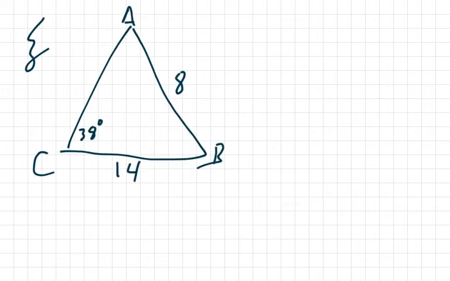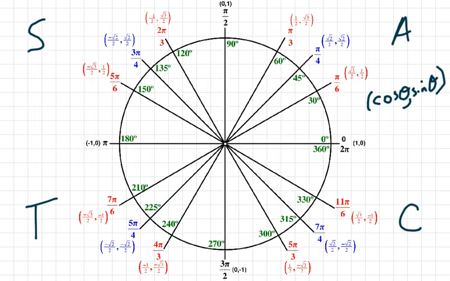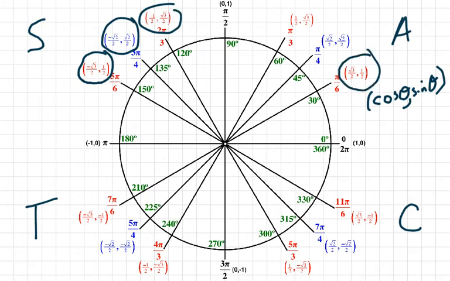I'm going to go straight to the unit circle. Here's a unit circle. You don't learn how to fill this in until grade 12, but you have to kind of know the basics. All these ordered pairs go all the way around the circle. And you can see 180 degrees.